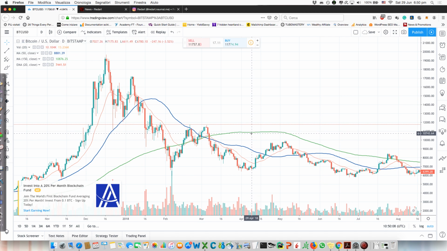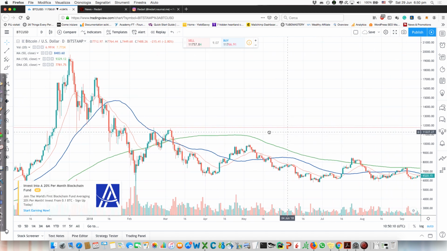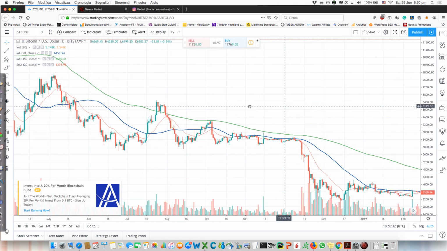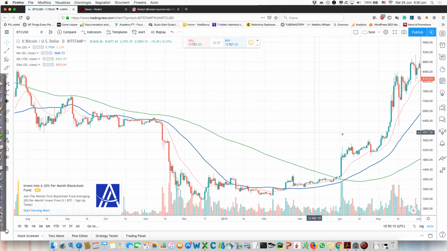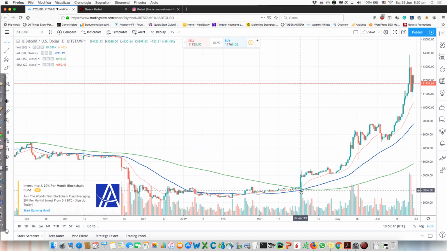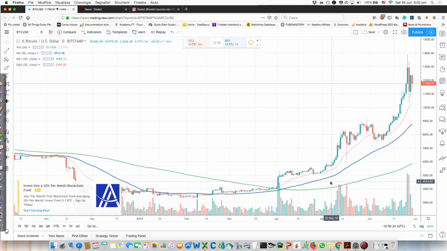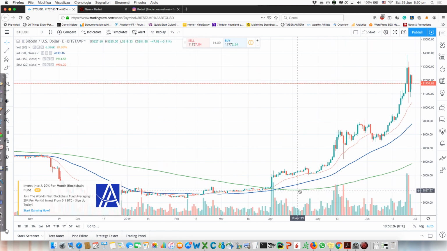And starting from this point, the downtrend went on and on till here, okay? Here we have again the blue line going above the green line, and around here, when the 150 moving average started to become flat again, and the price is also above the red line, here is a new uptrend.